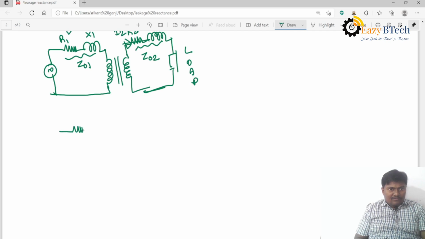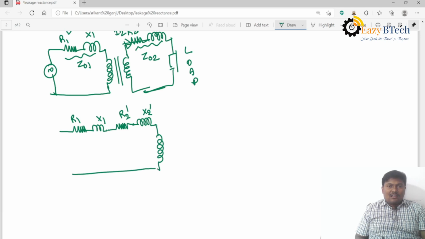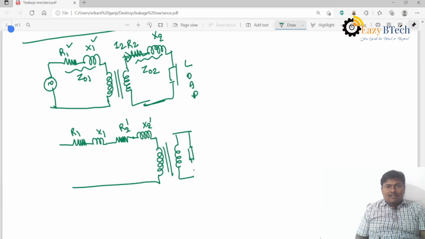So if all parameters are shifted to the primary side, R2 becomes R2 dash and X2 becomes X2 dash. The current is I2.